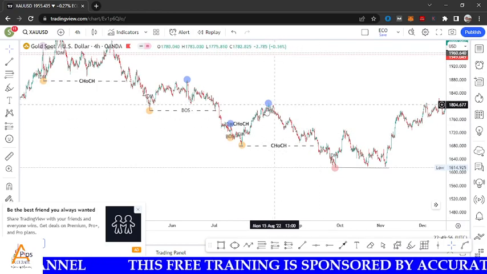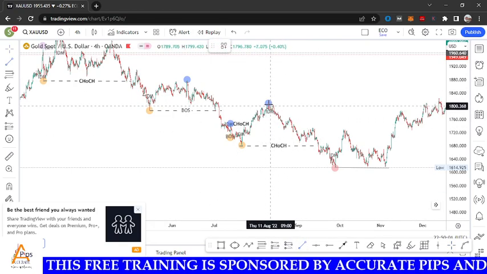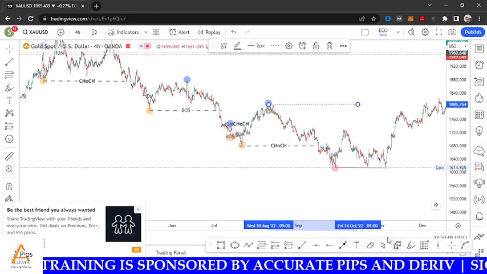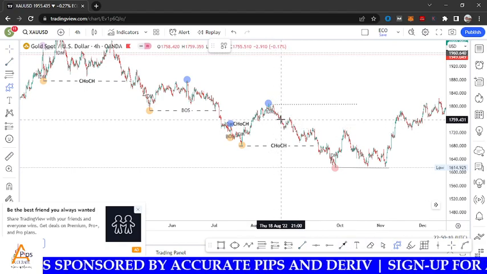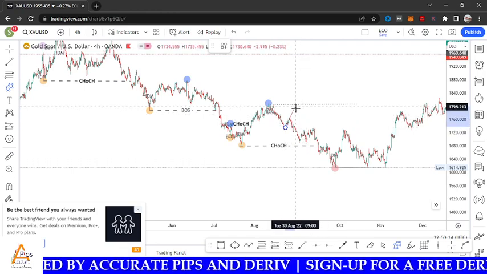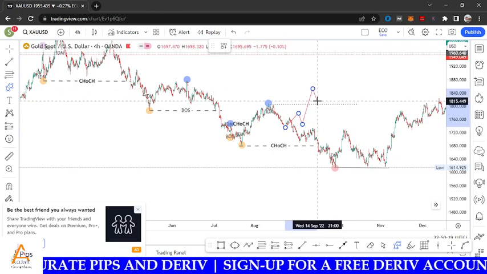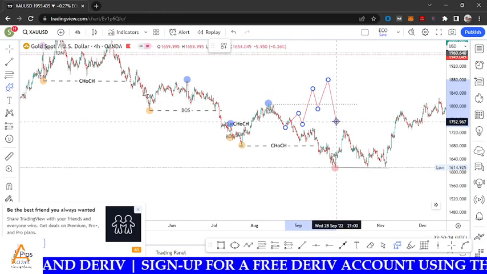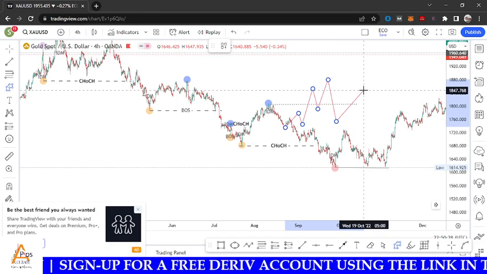We were expecting that price would take this high off to create a break of structure, then continue, close a candle above, create an inducement up, break that inducement to confirm a new high, and then the process continues.